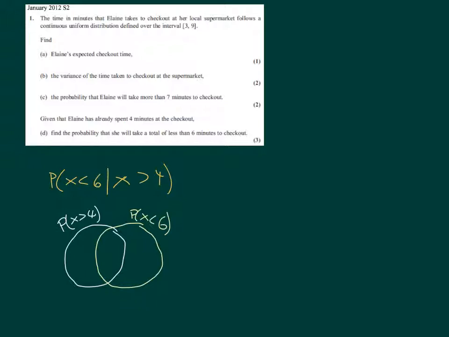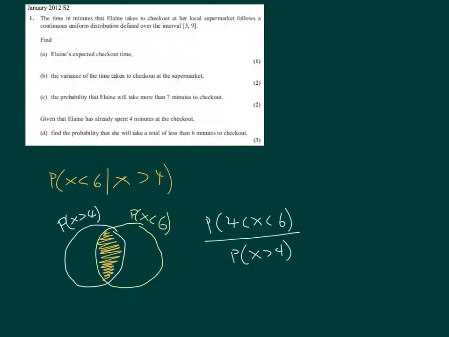What we want to find is the probability of this area here, where it's less than 6 but greater than 4. And we can see that the probability of that happening is the probability that x is between 4 and 6 divided by the probability that x is greater than 4.